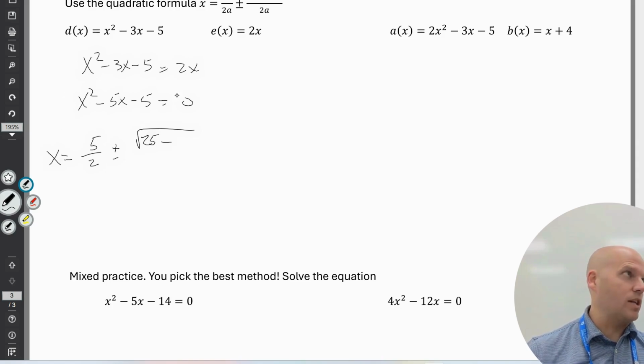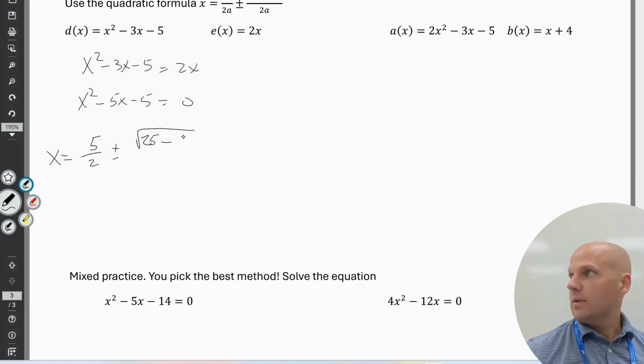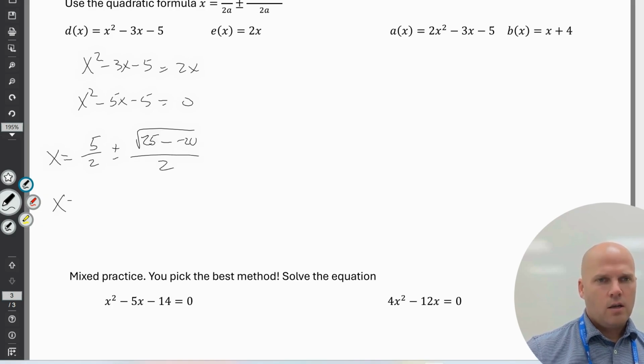That's 4 times 1 times negative 5. 4 times 1 times negative 5 is negative 20. All over 2 over a. My solutions are 5 root 2 plus or minus the square root of 45 over 2. I could write the square root of 45 as root 9 root 5, which is 3 root 5.